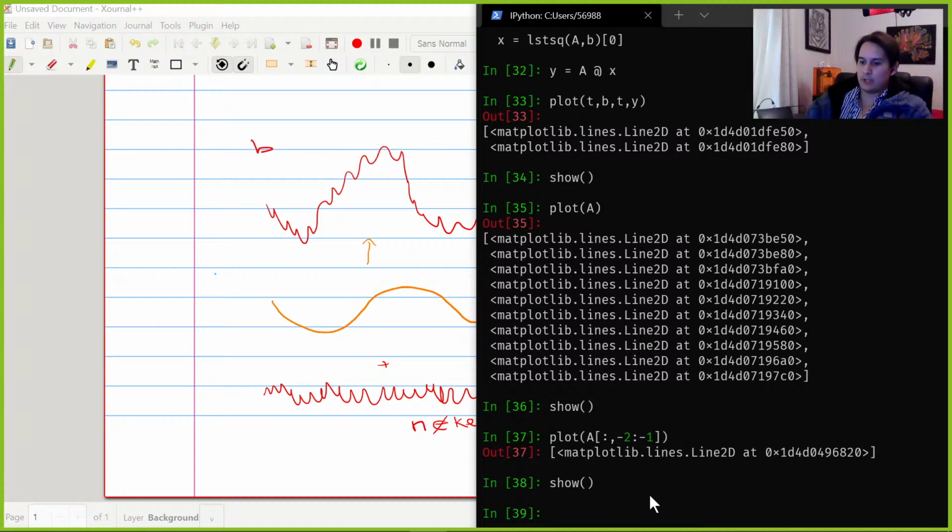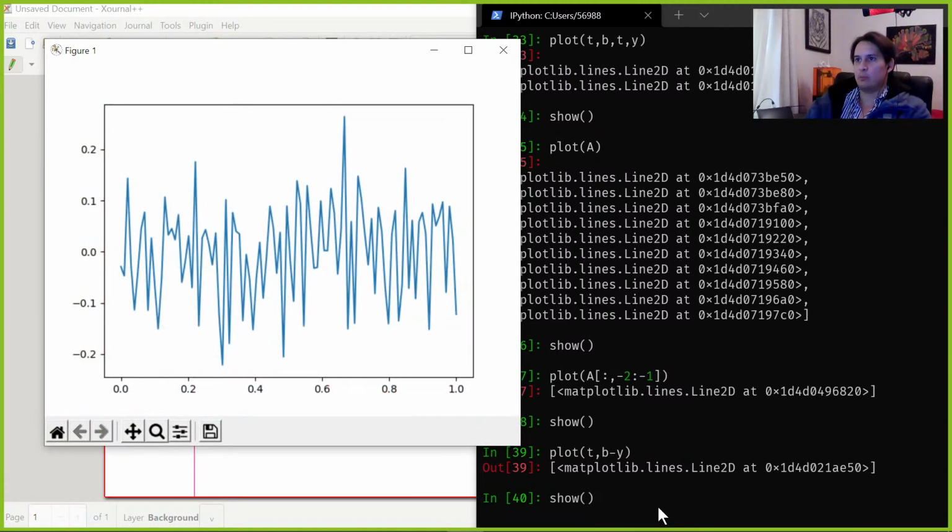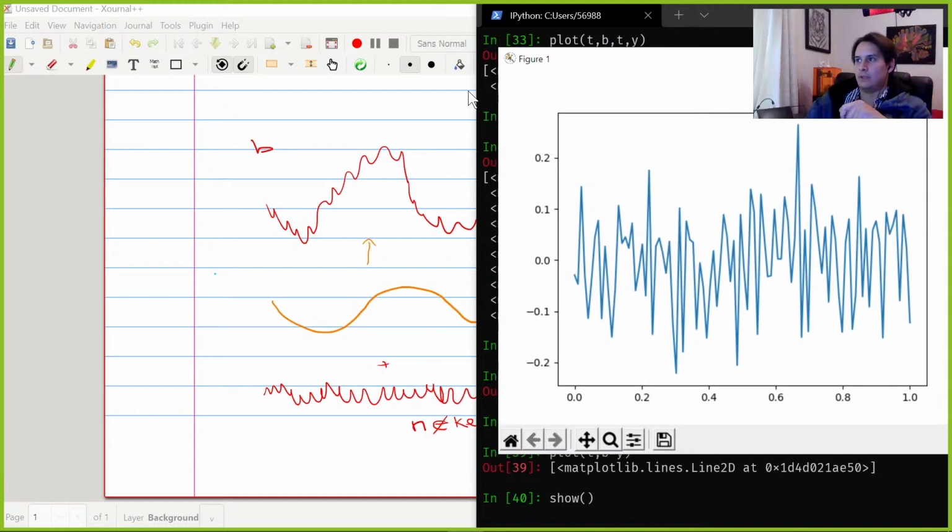Okay, so in Python, for example, if we plot the difference, it would be b minus y. If we plot it, we can see that it's a very noisy signal. It has rapid changes that cannot be represented by the basis vectors.